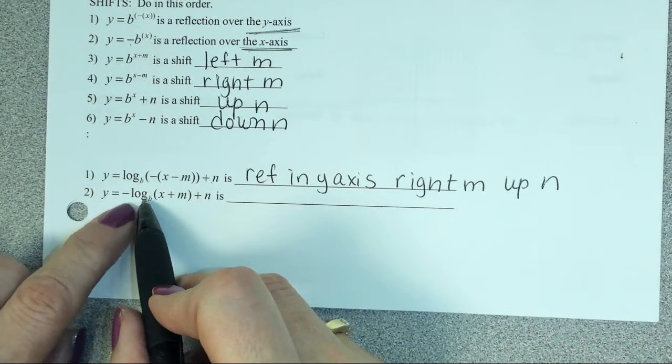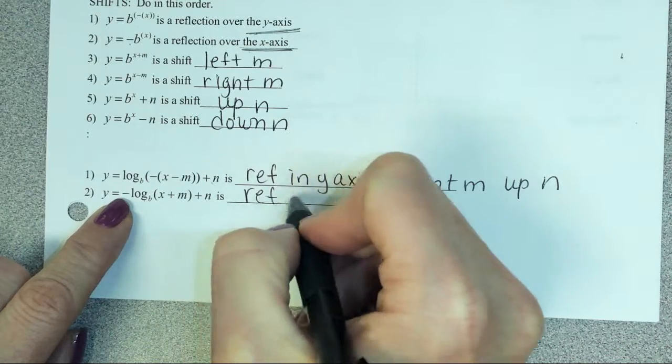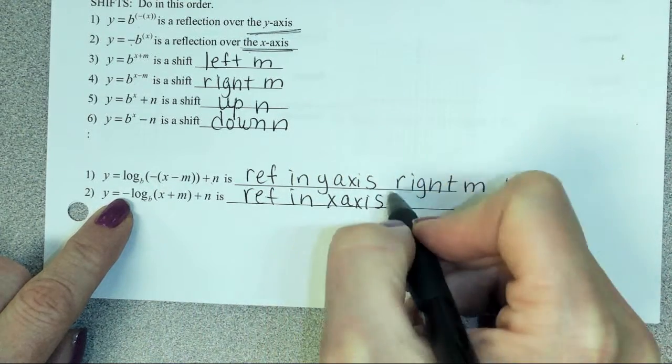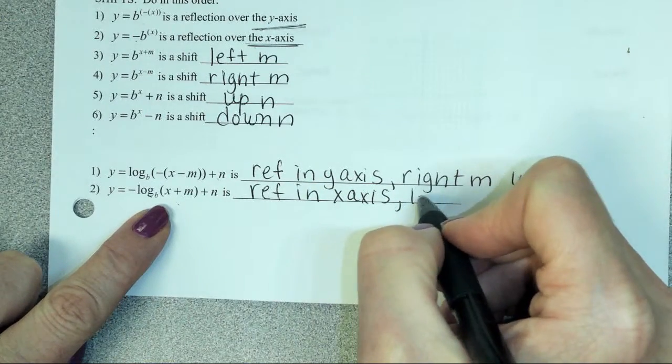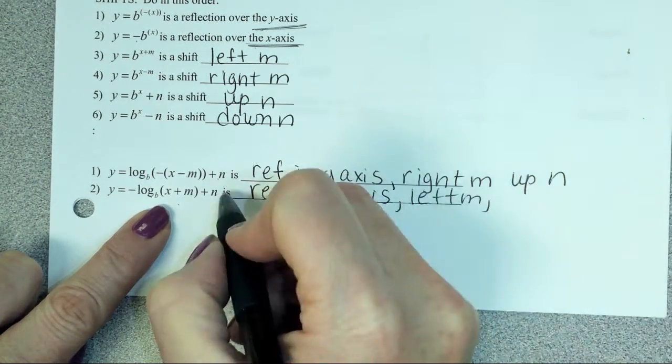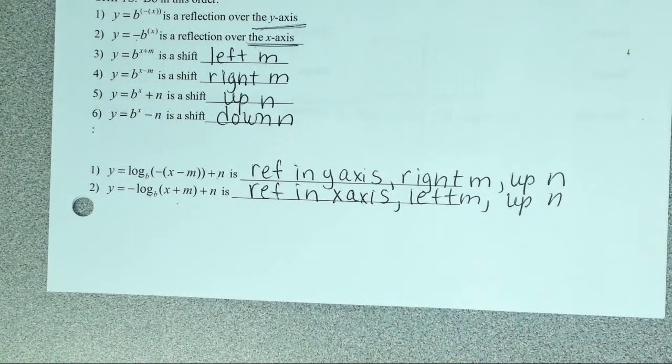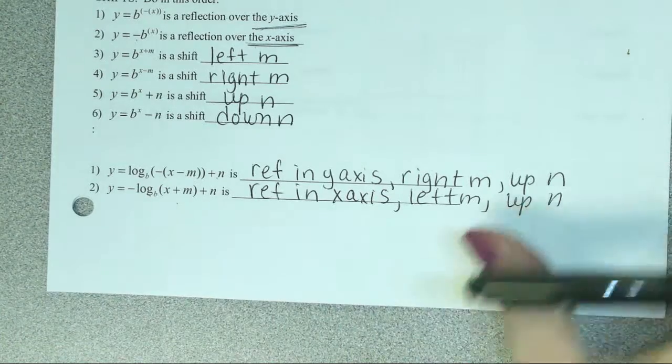For this, we're going to have a reflection in the x-axis. This is going to take us to the left m, and this is going to take us up n. Any questions about that? That should seem kind of familiar to you. You should have done this in CP over 2 and in pre-calc.